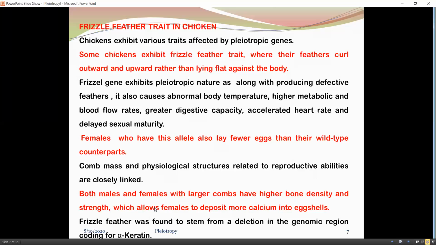Both males and females with larger combs have higher bone density and strength, which allows females to deposit more calcium into egg cells. Frizzle feathers are found to stem from a deletion in the genomic region coding for alpha keratin. Deletion means loss.